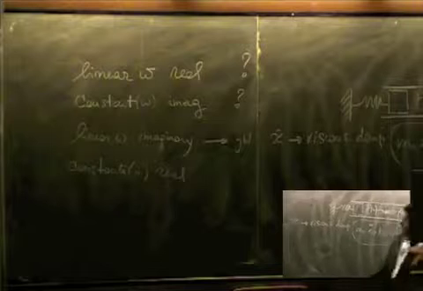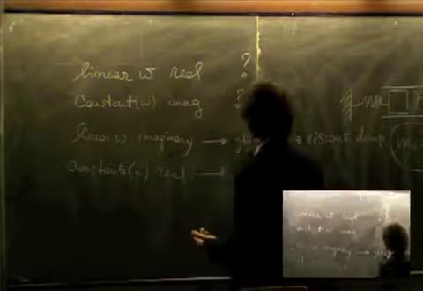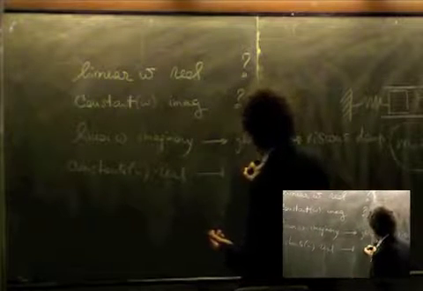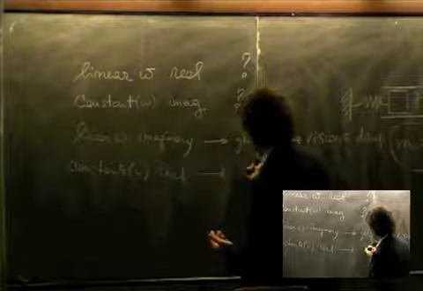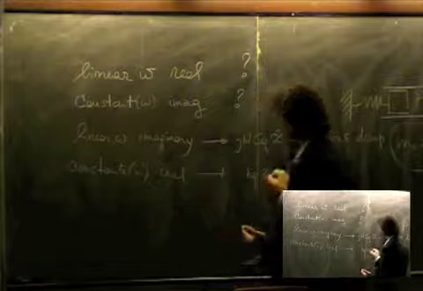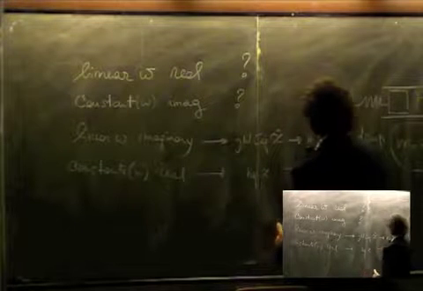Constant and real is of course an elastic term. It means that you have something proportional to some equivalent constant, multiplied by x. And this is just an elastic term.